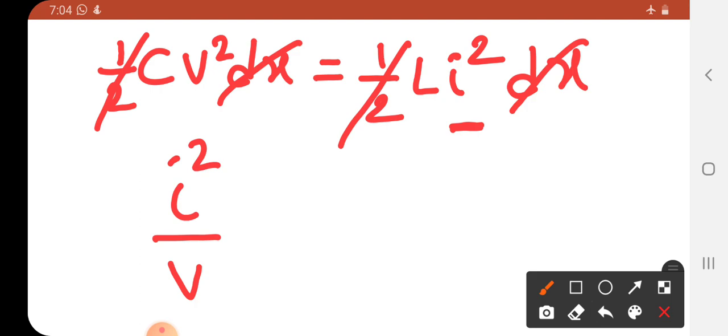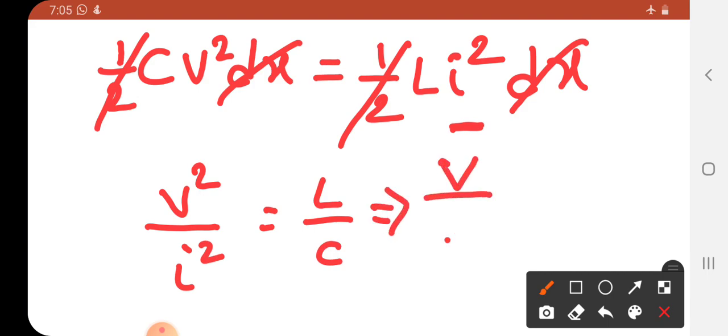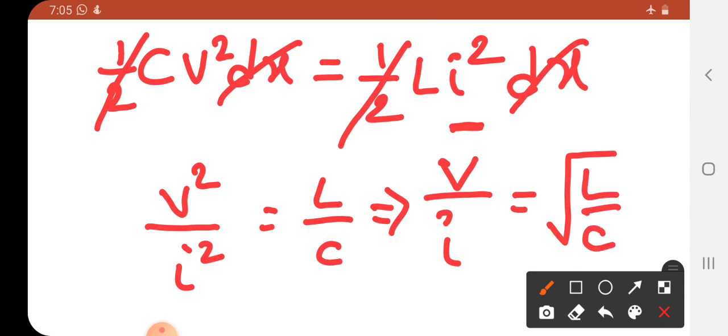Let us write like this: V square by I square is equal to L by C. That means V by I is equal to square root of L by C. Now, square root of L by C is the characteristic impedance of a lossless transmission line, or surge impedance.